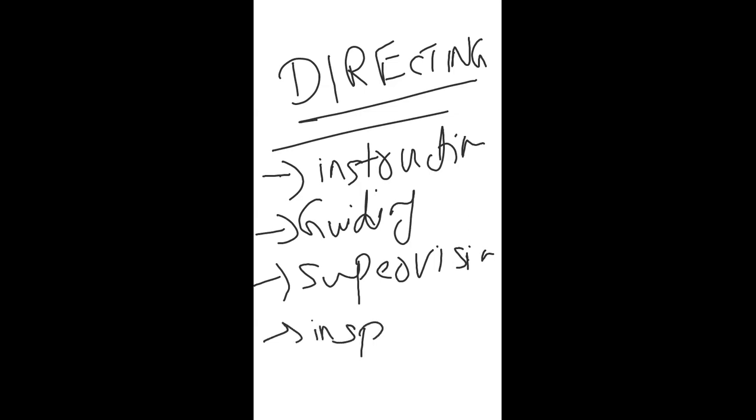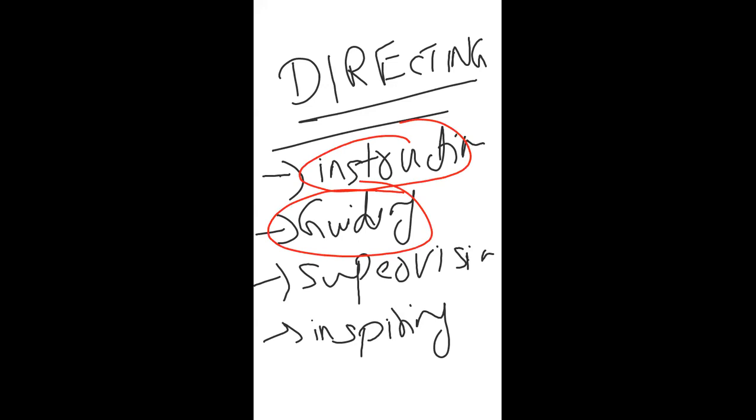Inspiring means motivating the employees at every step. This is also a part of directing. So directing is a managerial function which is concerned with giving instruction, guiding the employees, supervising their work, and inspiring them from time to time, so as to keep them motivated to get the desired result.